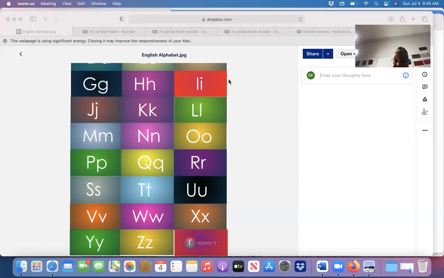Then the Z is always pronounced like the Z, unlike the S, it doesn't have other sounds. So that's the alphabet. And of course, if you want to go back to the vowels, the A, E, I, O, U, and sometimes Y, you have to take into consideration long versus short.